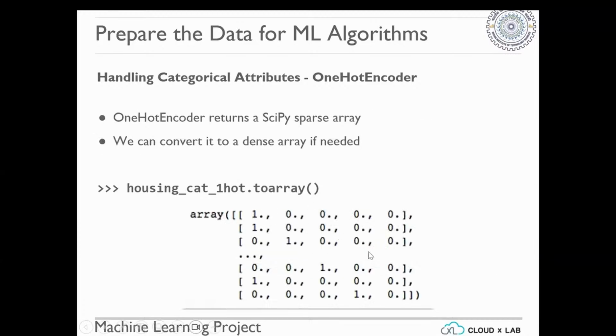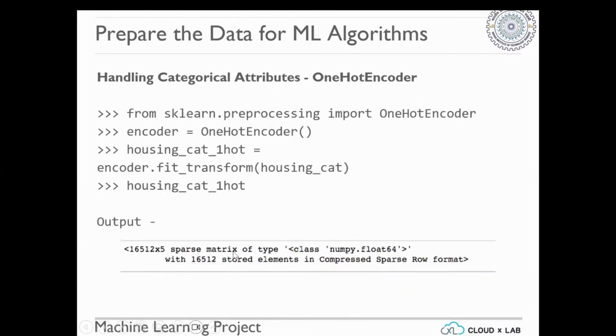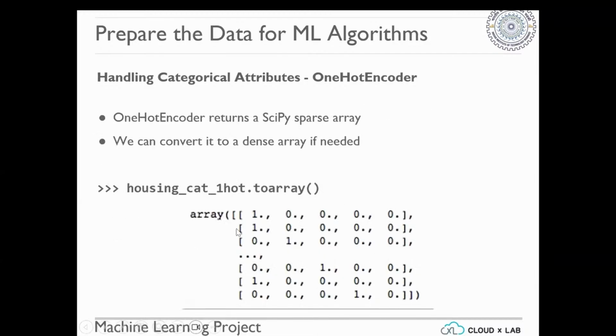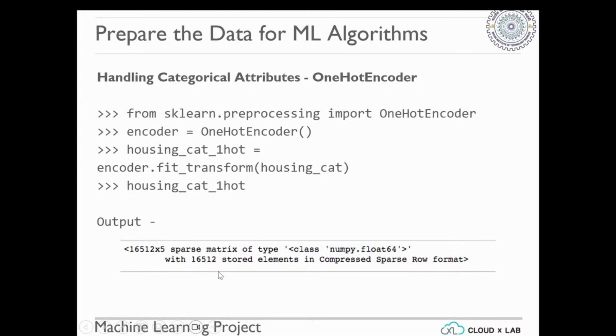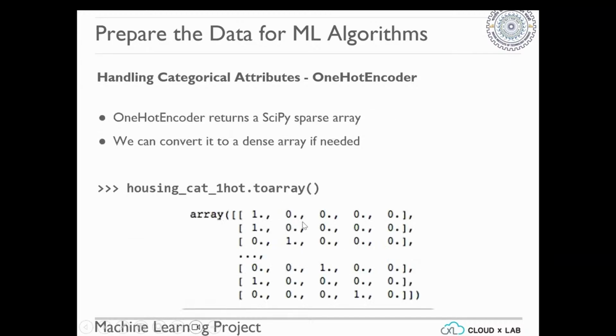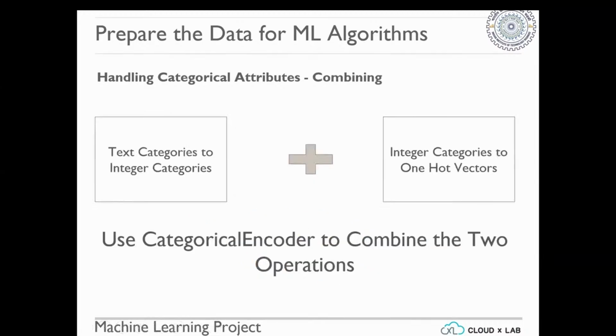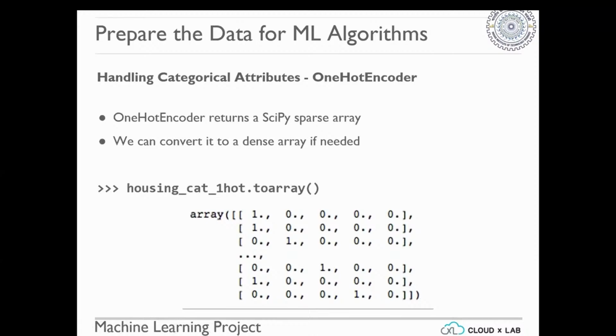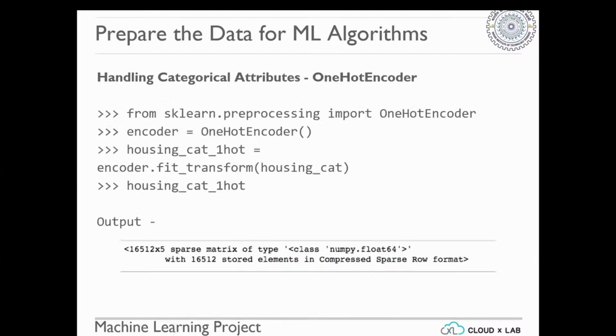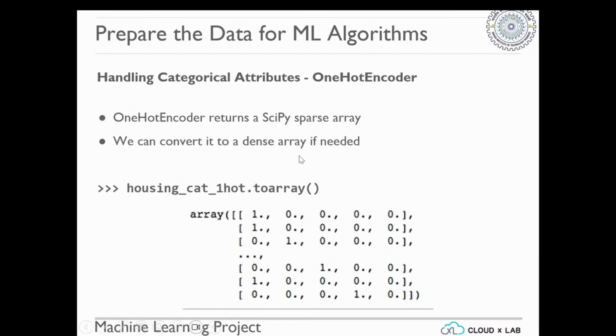As you can see, now we have almost 16,000 vectors, and the size of each vector is 5 cross 1, because each vector has 5 elements, and there are a total of 16,512 vectors. Because OneHotEncoder returns a sparse matrix, we have to convert sparse to dense array.